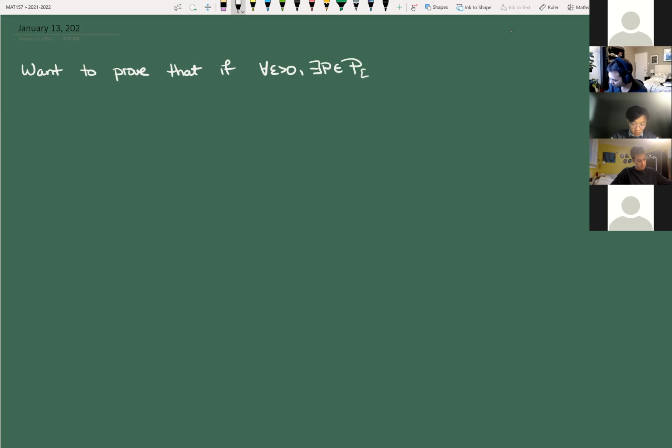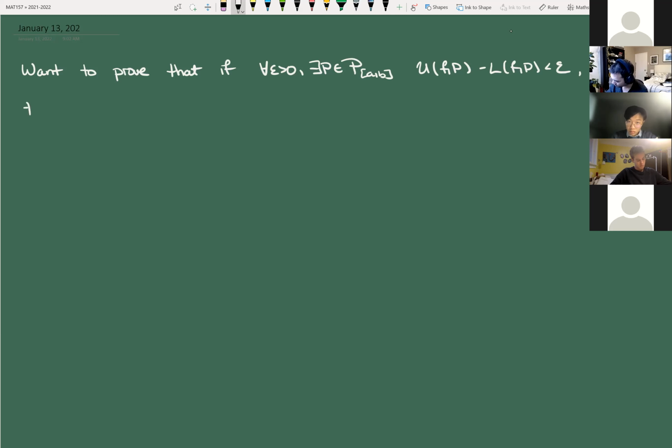So I'm just using the same setup that we had at the end of Tuesday. Right? Okay, so this is the definition of integrability, right? So for every epsilon, we can find a partition which makes U and L really, really close together.